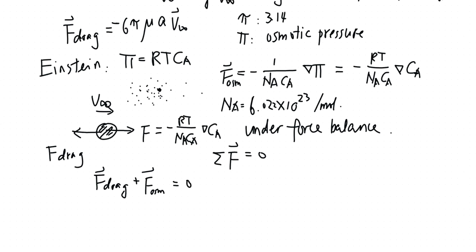So that means minus 6 pi mu A V infinity minus RT over N A times the gradient of C A is zero.